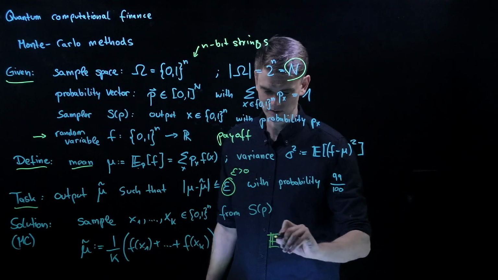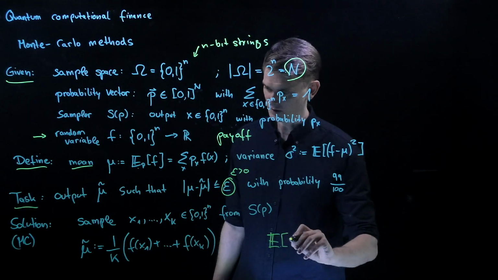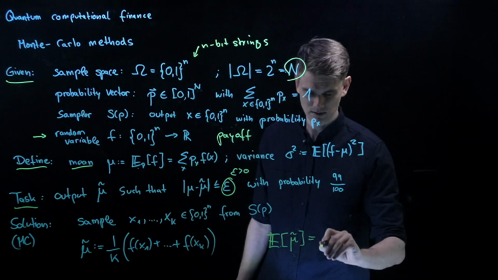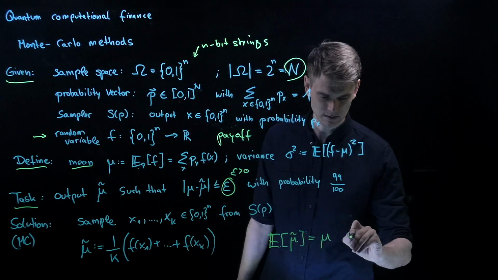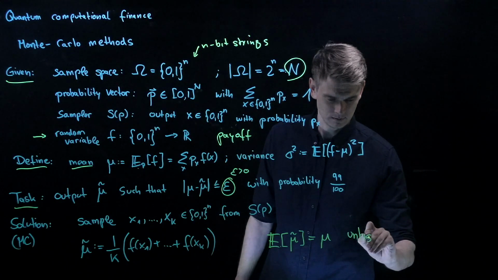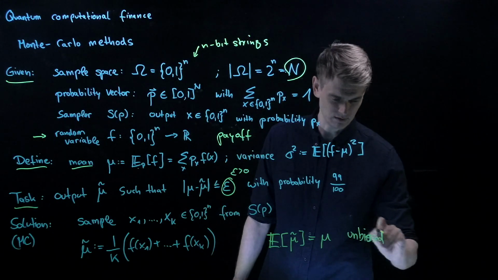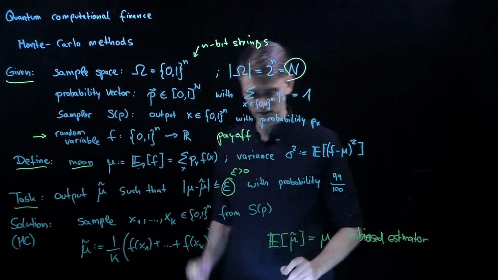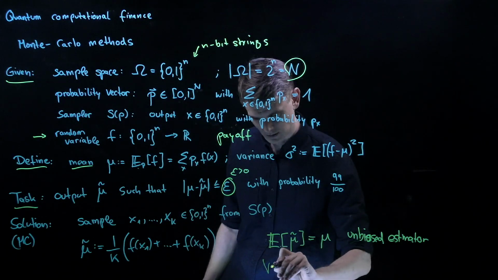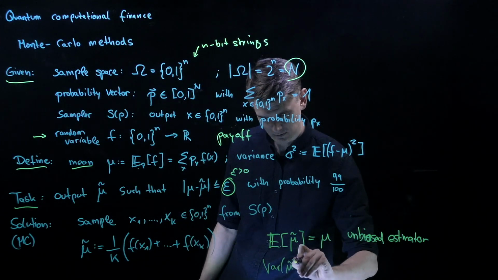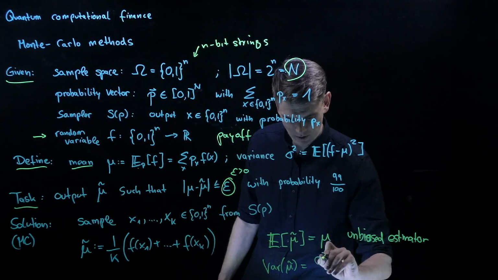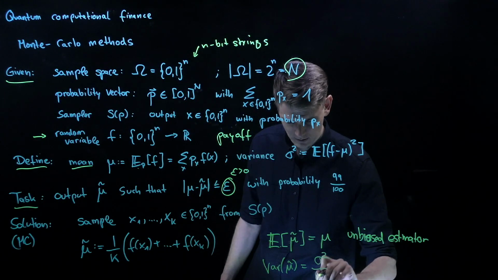For example, we compute the expectation value of mu tilde, which gives us simply mu. So it's an unbiased estimator. In addition, we can compute the variance of mu tilde. It turns out to be sigma squared over k.